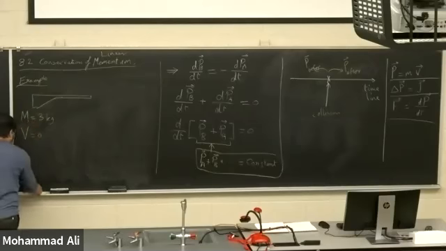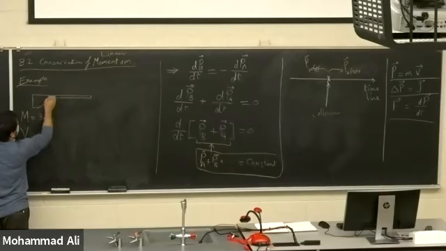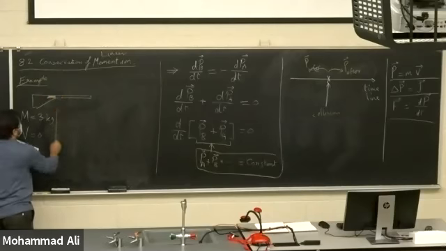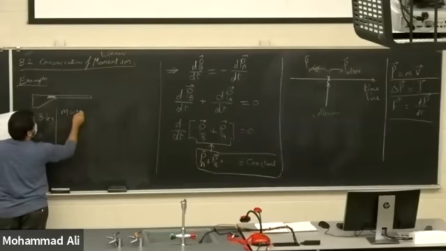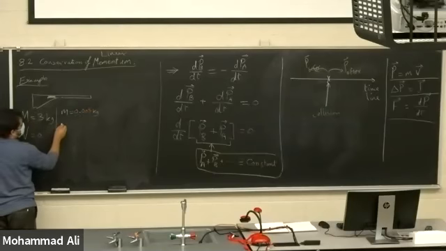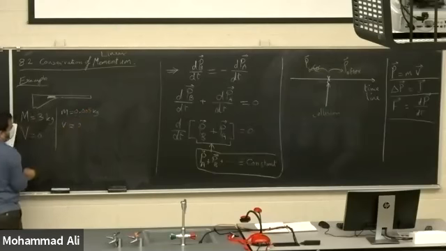We have a bullet inside it. The mass of the bullet is equal to 0.005 kilograms. Its initial velocity, v small, is equal to 0. I'll name these M rifle, V rifle, M bullet, V bullet.